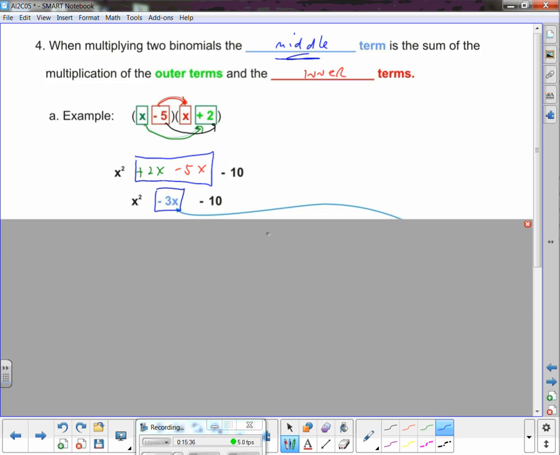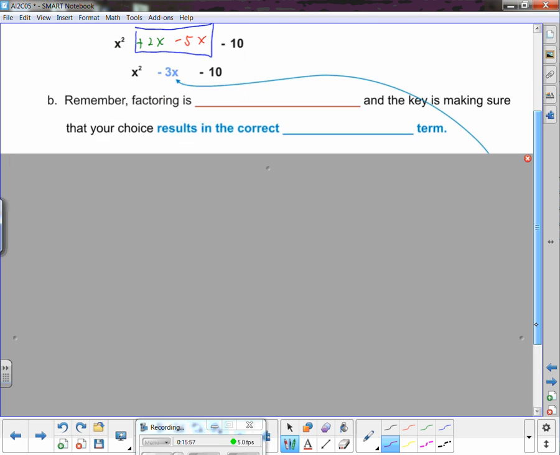So what is factoring? Factoring a trinomial is take this and turn it back into that. And that's what we're doing, right? We're going to take that trinomial, we're going to turn it back into the original binomials. It's easier than it looks, and hopefully that didn't confuse you.